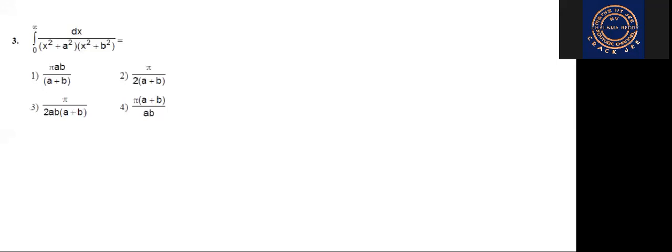Suppose 1 by x square plus a square, minus 1 by x square plus b square. In the numerator there are no x terms, that's why take minus. Take the LCM. What happens? See, x square plus a square into x square plus b square.